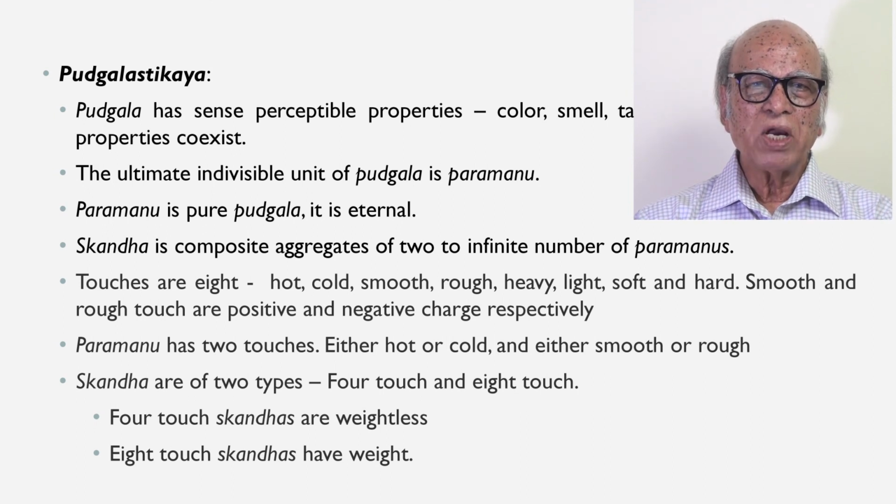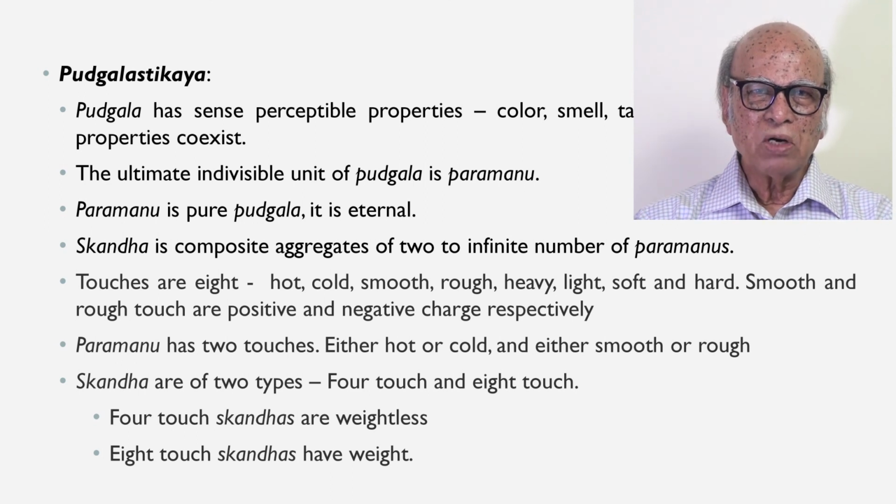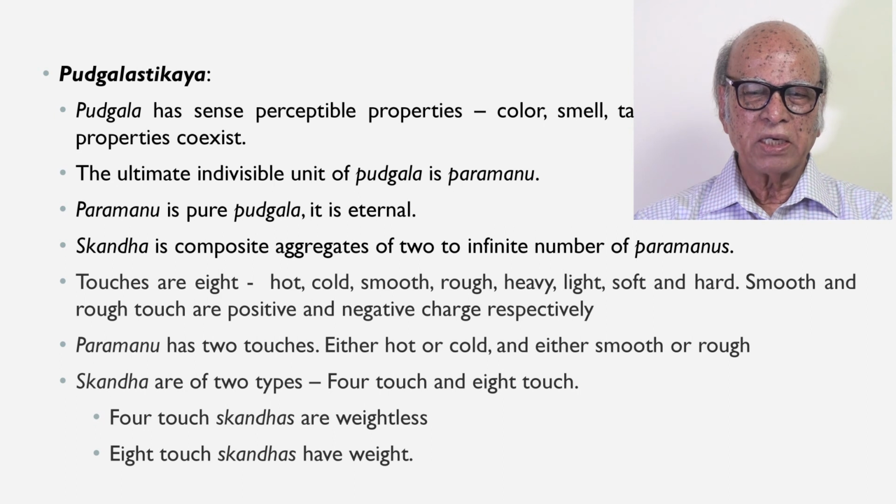And there are infinite Parmanus in the Lok, that is also mentioned. And the other bigger objects are formed of Parmanu, so the Parmanus can combine and give rise to a bigger object, and that is known as Skand. So Skand is a composite aggregate of 2 to infinite number of Parmanus.